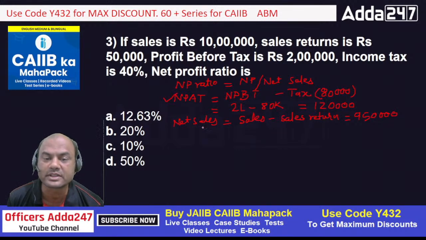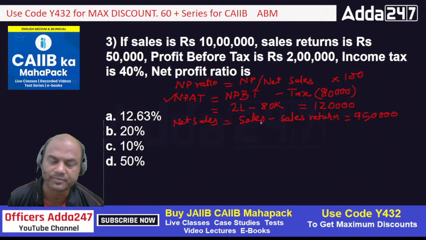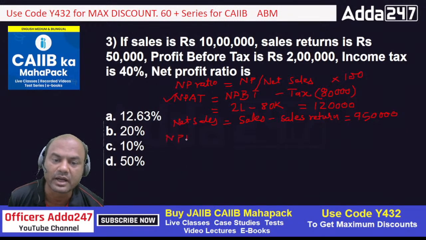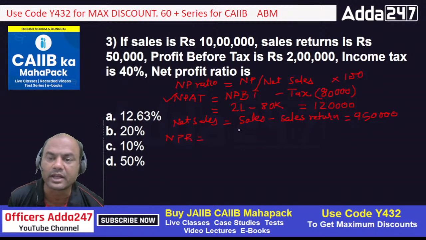Now if I've got this as my net sales figure, what is this NP ratio? You have to multiply by 100, because for any ratio here we want it in percentage. So NPR equals 120 upon 9,50,000 into 100.